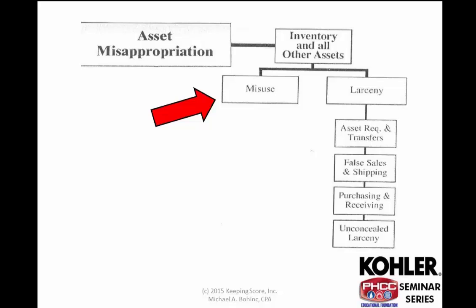And this slide just shows you a few different types of fraud: misuse of company property, larceny, which is outright theft, and then a couple of different ways below that on how inventory schemes could occur and the internal controls that we want to implement to prevent or, not prevent, minimize the chance that they're going to happen.